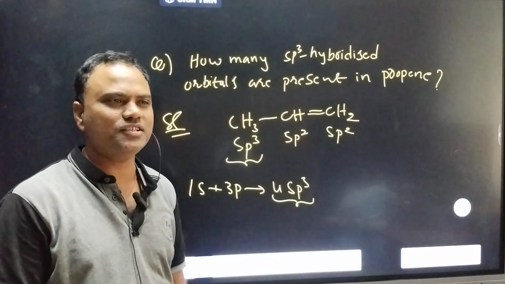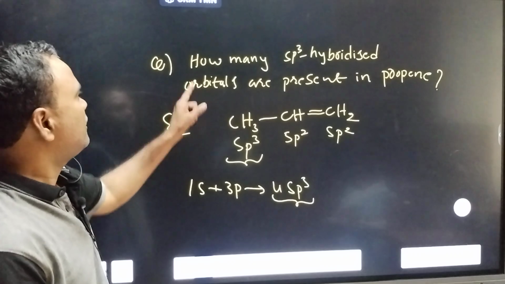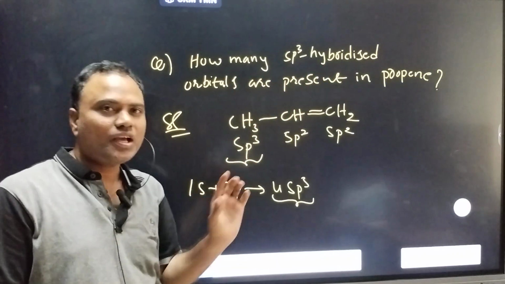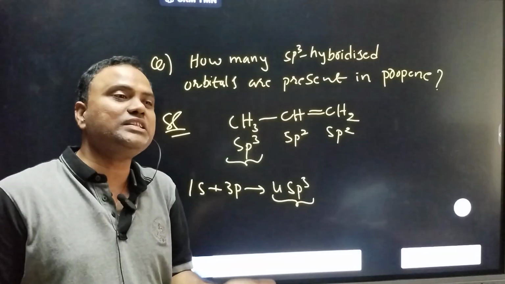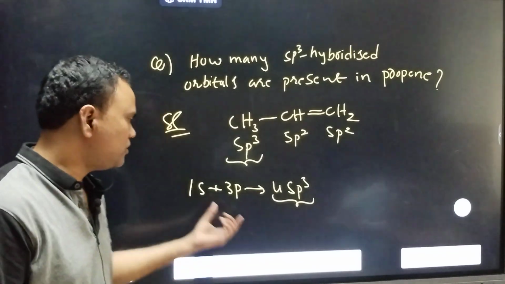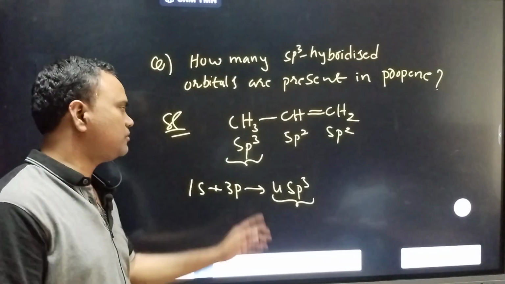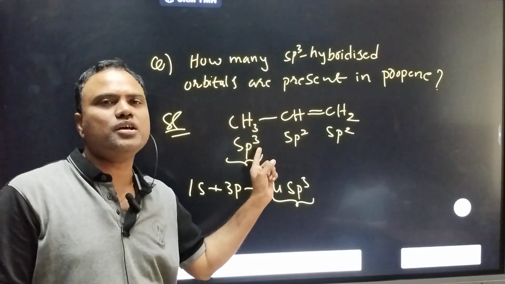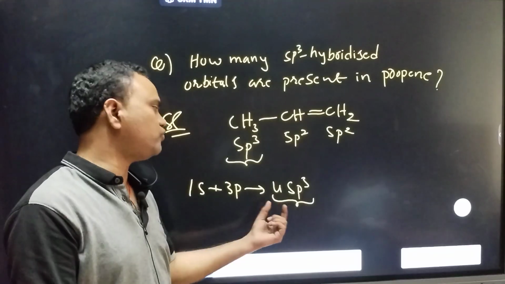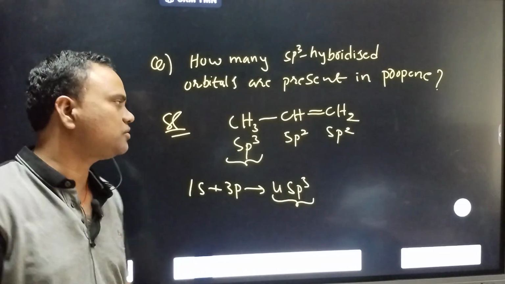I asked about hybridized orbitals, so we go to the definition. In this carbon, 1 s orbital and 3 p orbitals give 4 sp3 hybridized orbitals.